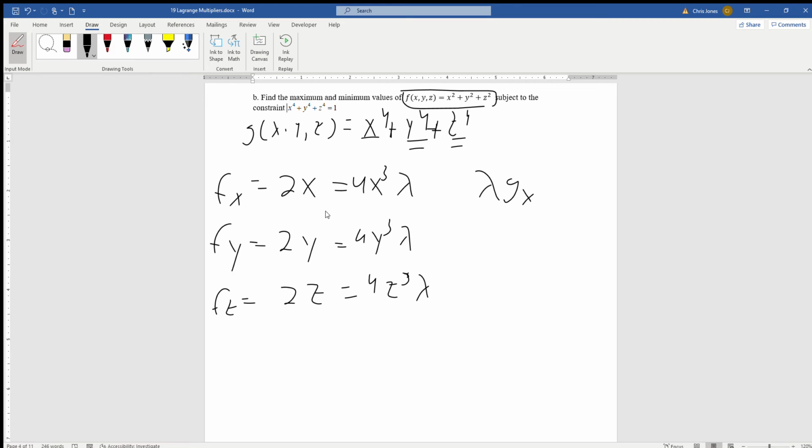Okay, well, one thing that we could do is divide the sides on each of these by 2x, 2y, and 2z, and tailor our system a little bit.